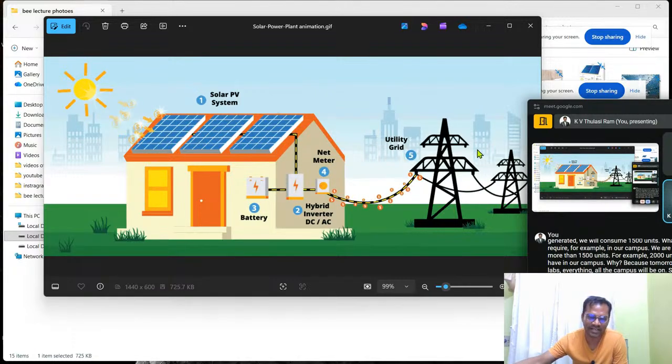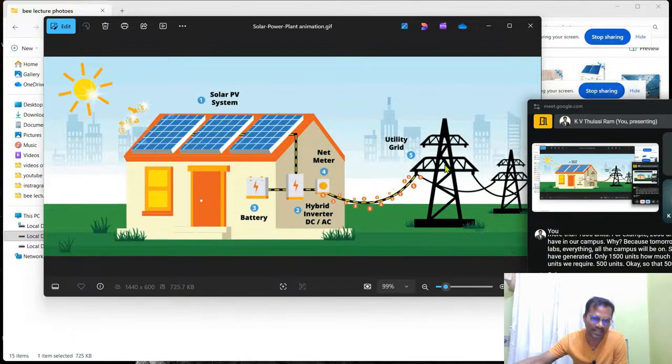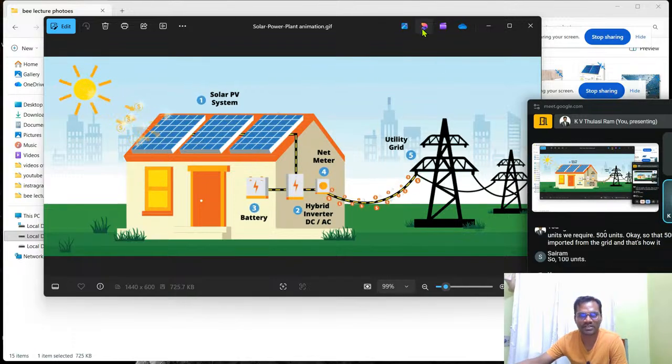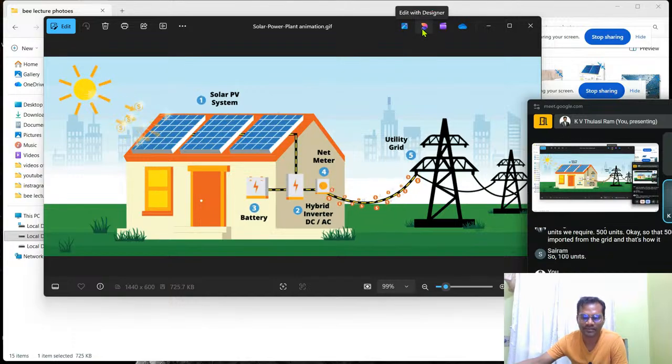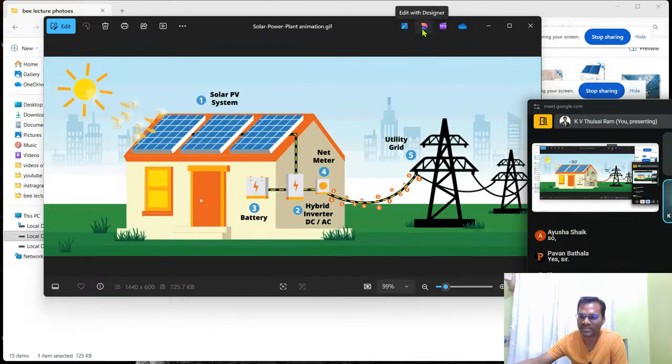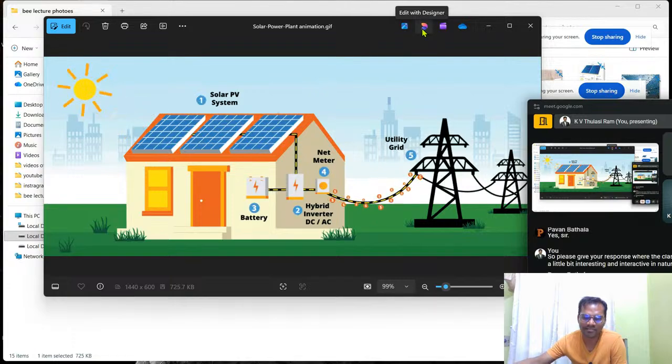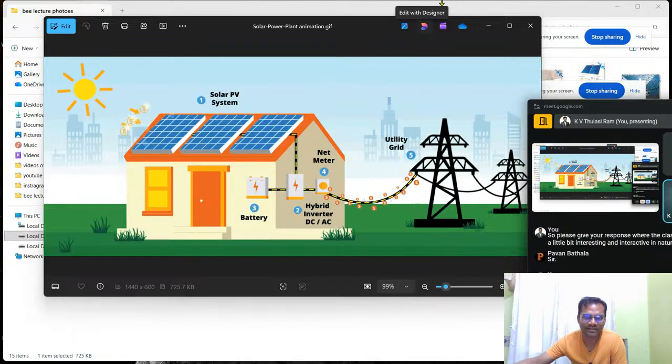So the 500 will be imported from the grid, and that's how it works. Hope, previously I was unable to show the animation. Now it is clear? Yes, sir. So please give your response, so that the class will be a little bit interesting and interactive in nature.